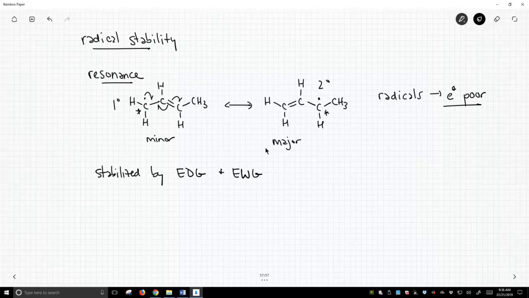And if you ever have a hard time remembering what your electron donating groups are, if we go back, this tends to be our ortho-para directors. Those are our electron donating groups, and electron withdrawing groups are typically our meta-directors.